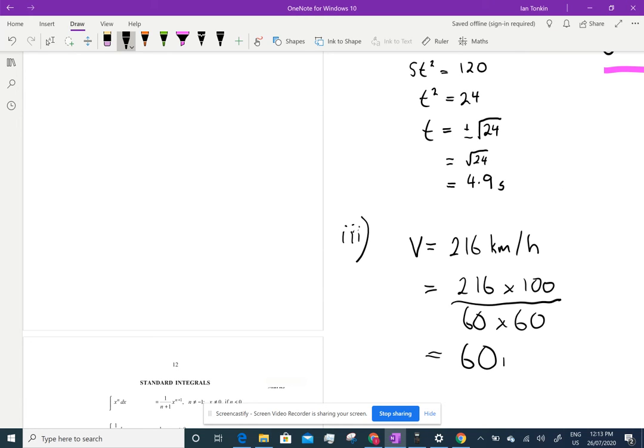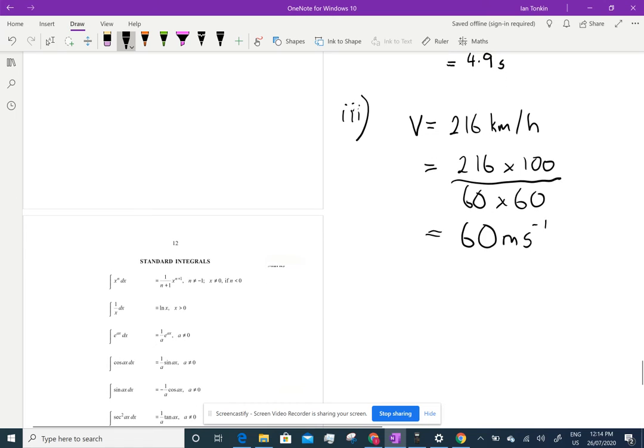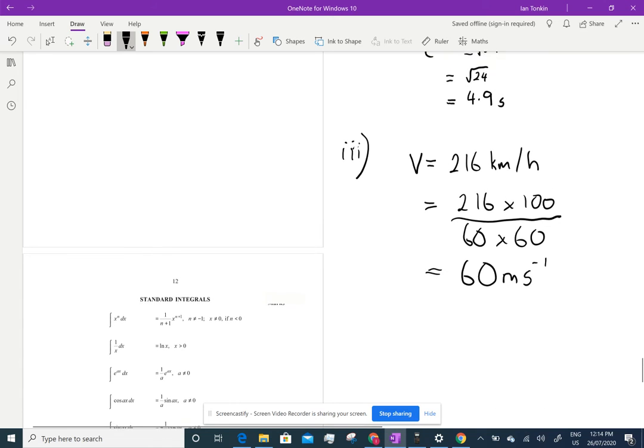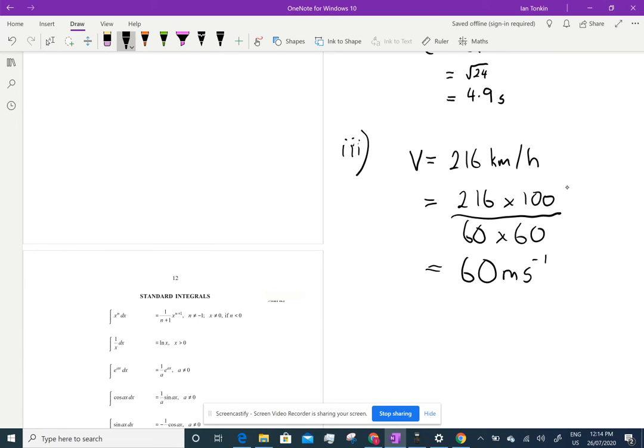Now, when I get that, I think to myself, I'm pretty happy, because I'm pretty sure they planned that 216. I'm pretty sure they planned that it'd come out as a nice, neat number. So I'm feeling pretty confident if you do that in the exam. Now, we know that it's going to take 4.9 seconds for this thing to hit the ground. And we know that x equals vt, which is 60t.